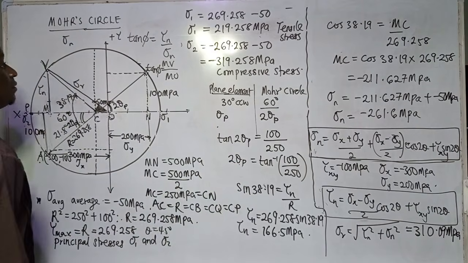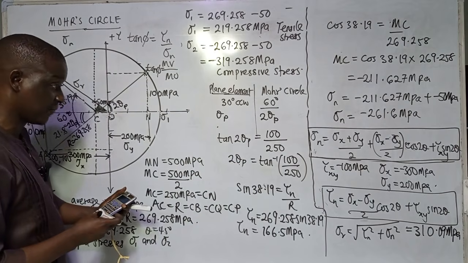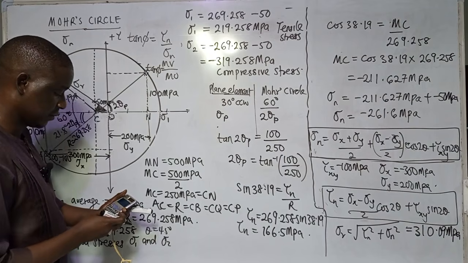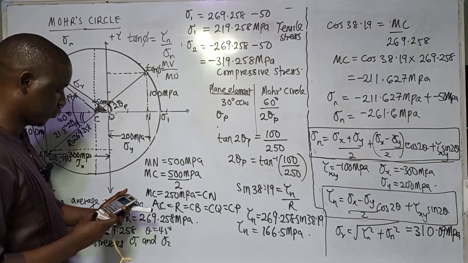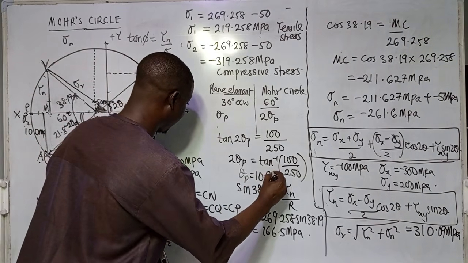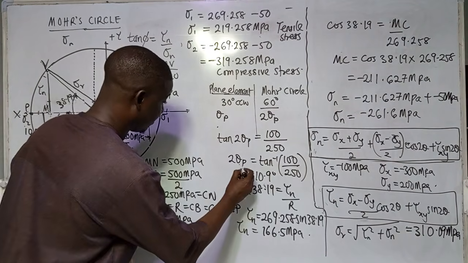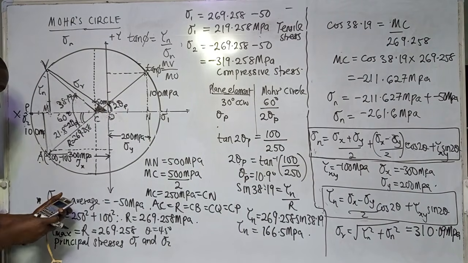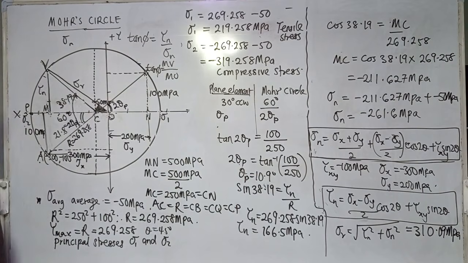That will give us about 100 divided by 250, then divided by 2. Now we have 10.9 degrees. So that is the angle to the plane. But in the Mohr circle it is 21.8, which is this angle that was solved.